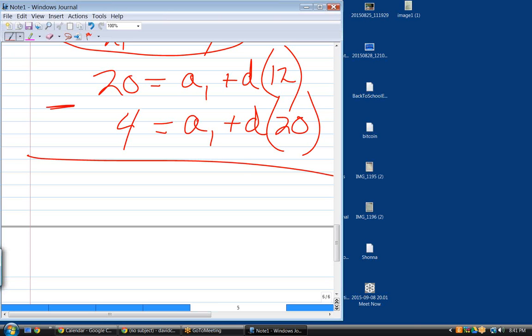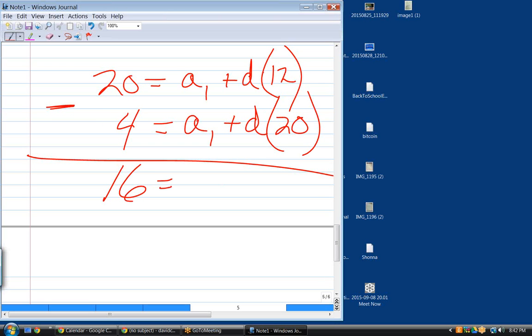What do I get when I subtract the bottom equation from the top? It's 20 minus 4, 16 equals, then the A's and D's cancel out. Not the D's.